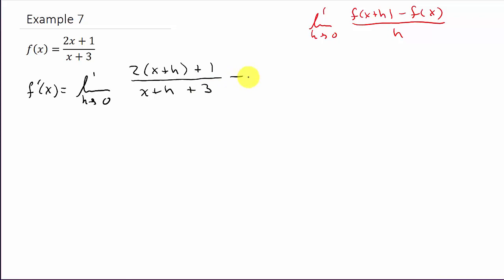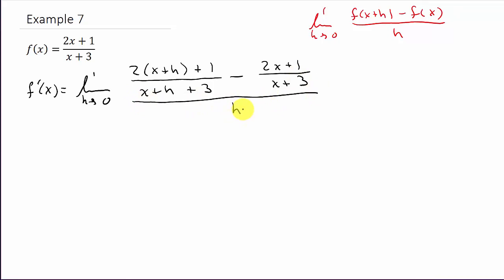And then that's minus f of x, which is just this, 2x plus 1 over x plus 3. And then all that is over h.